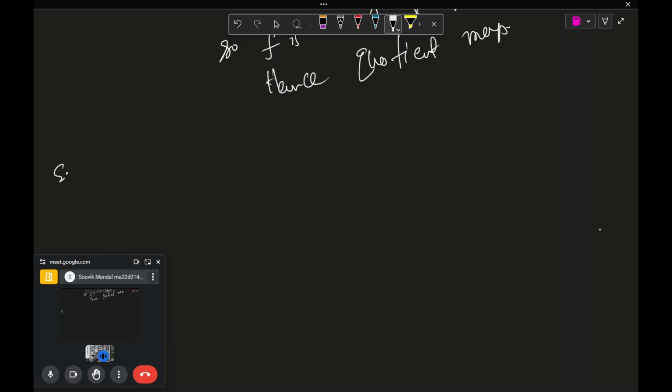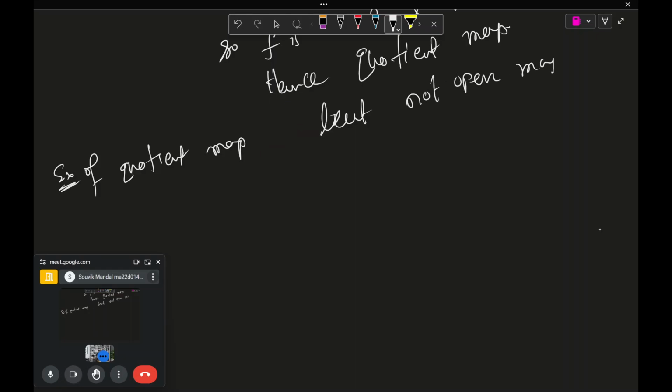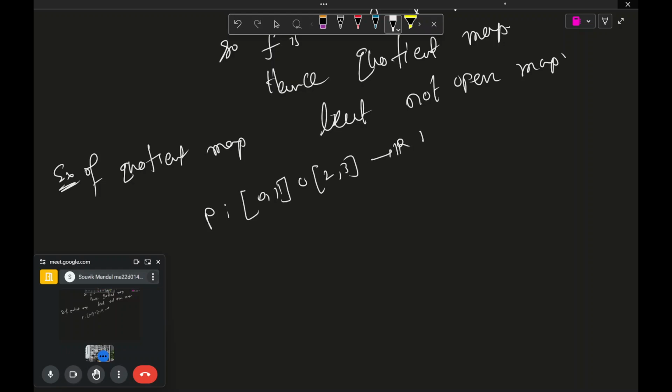So this is an example of a quotient map but not an open map. Okay, so define p from closed [0,1] union closed [2,3] to R.